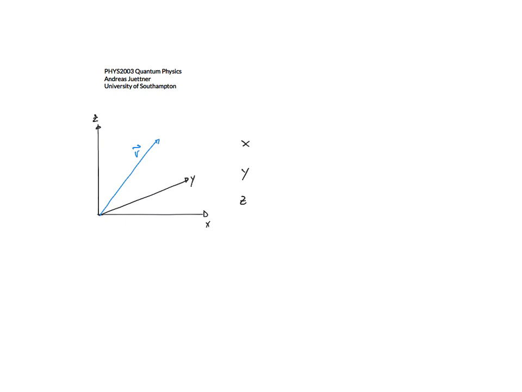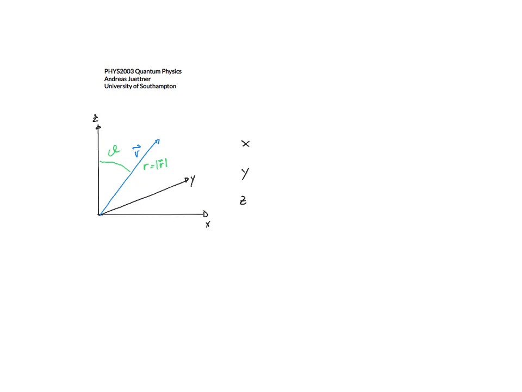So in spherical coordinates we would express this in terms of three coordinates, which are an angle theta, the so-called polar angle, the length of this vector, which is just called r, the absolute value of this vector r. And then we have another angle, the azimuthal angle, and this is defined as follows.